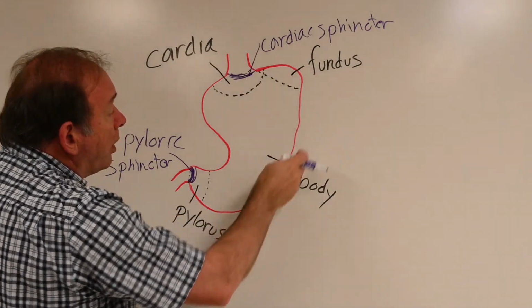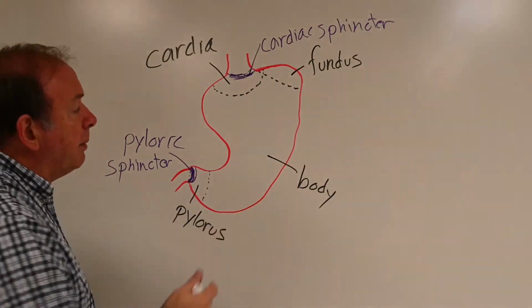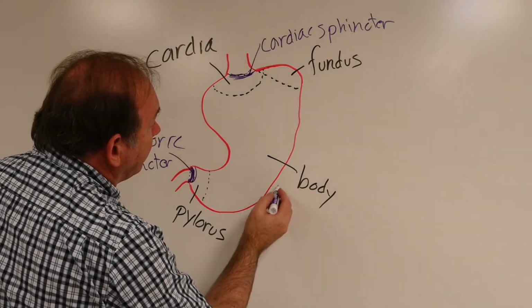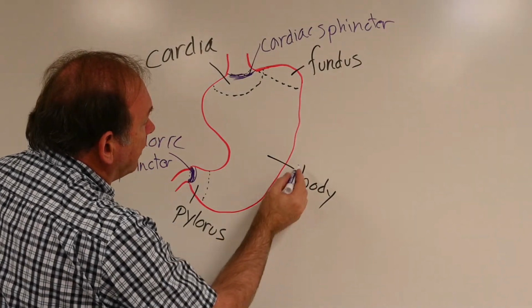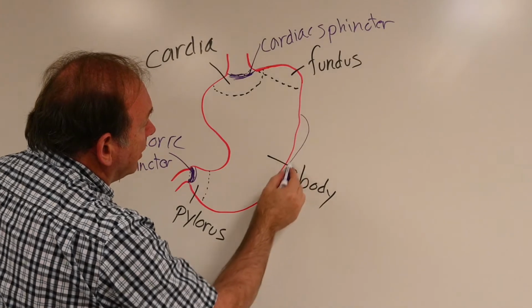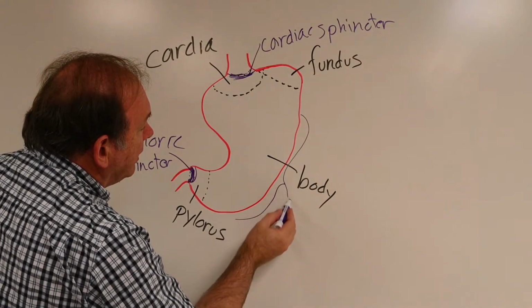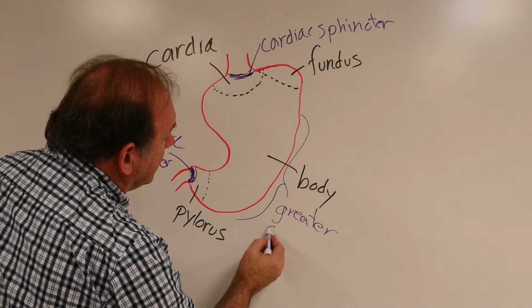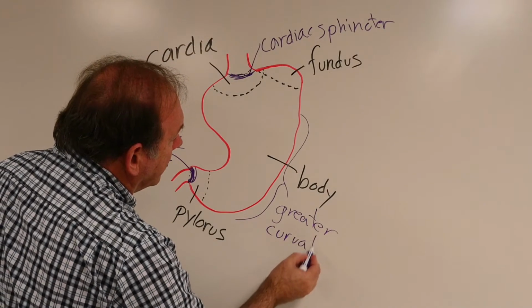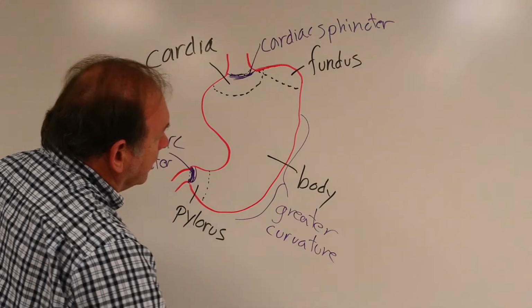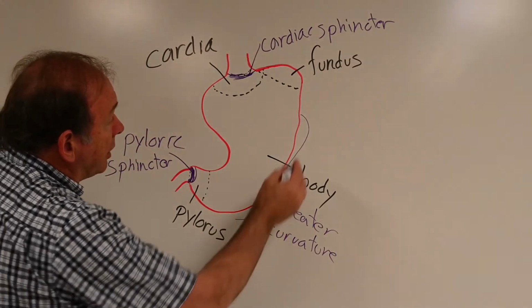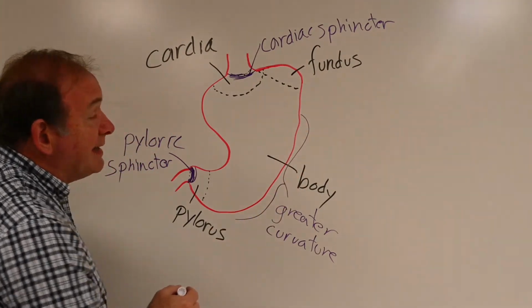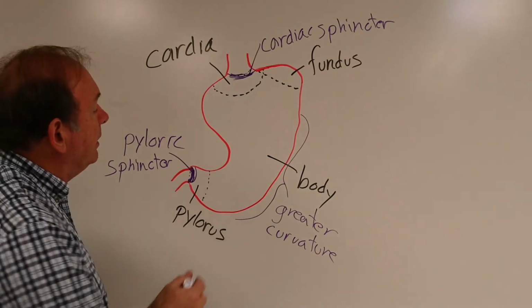Along this outer wall on the left-hand side of the stomach, we often refer to this as the greater curvature. It's a little hard to label here in my picture, but anyway, greater curvature. It's along that greater curvature that we have the attachment of the greater omentum.